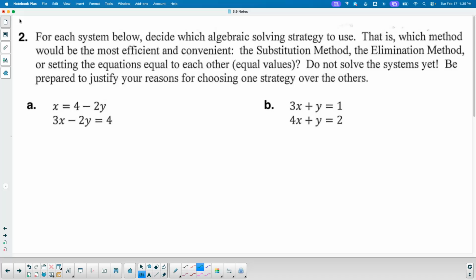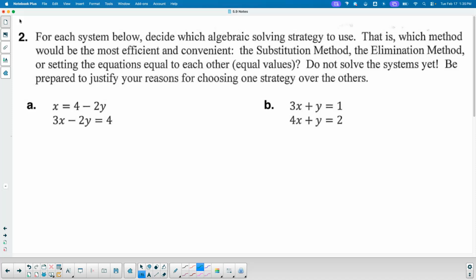Yep, exactly. And then boom, it's up there, right? You guys that chose elimination, what do you got to do first? Times everything by negative, with either the top equation or the bottom equation, right? Doesn't matter which one, right? So in both of those, you still have to do a little bit first, right?